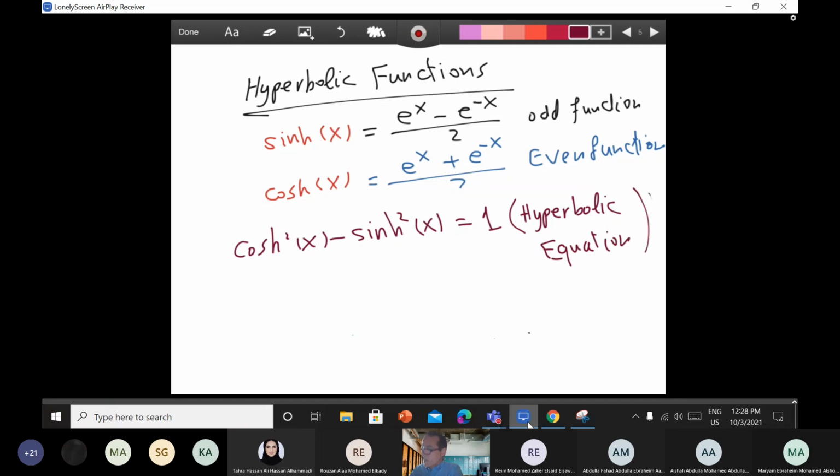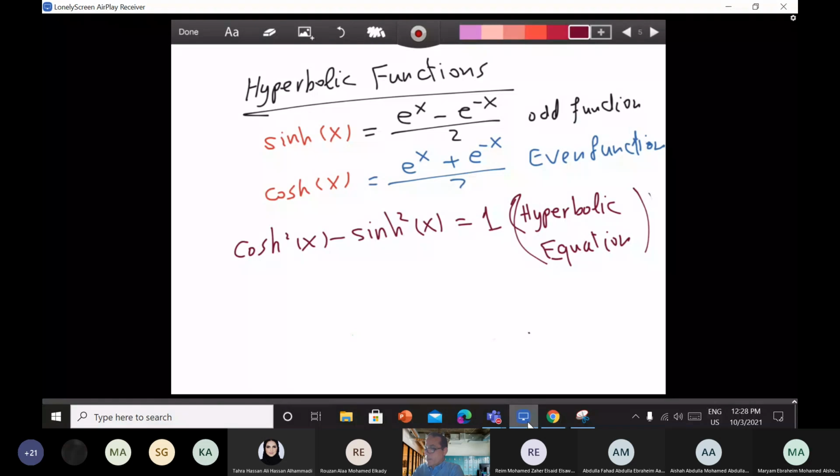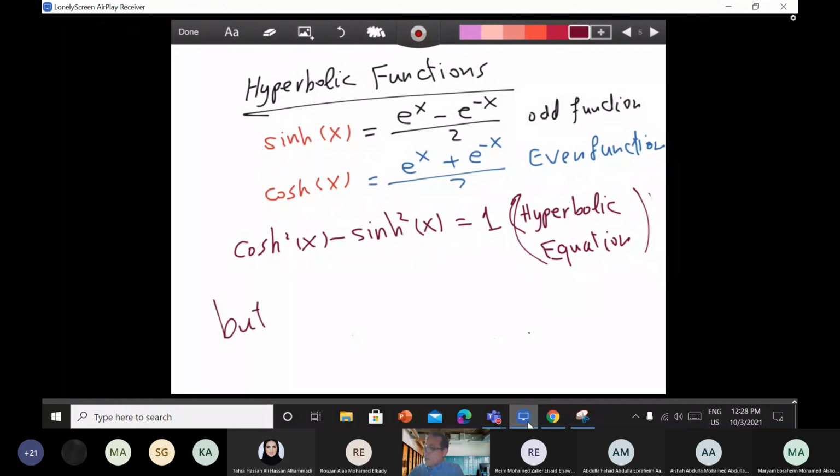Okay, but if you remember, yes, sine, I'll write it down. Cosine square plus sine square, yes, I know.